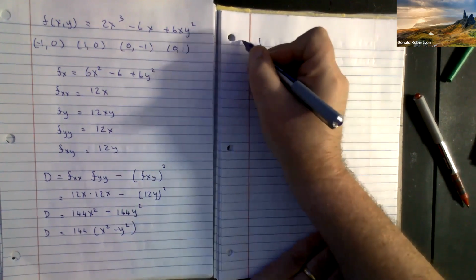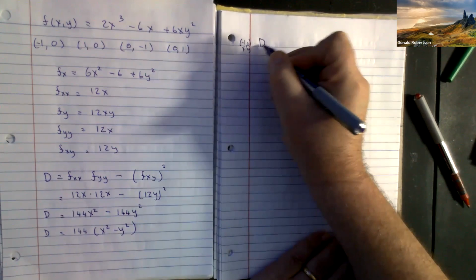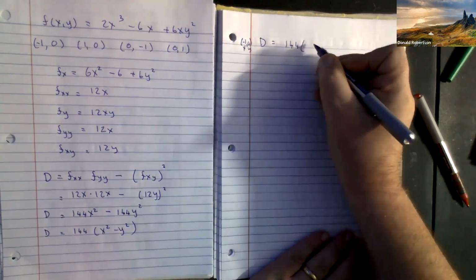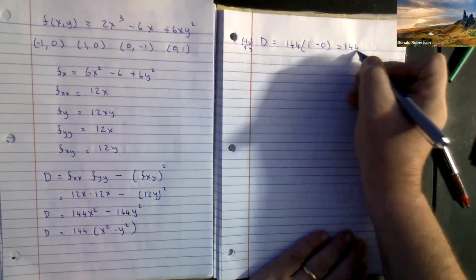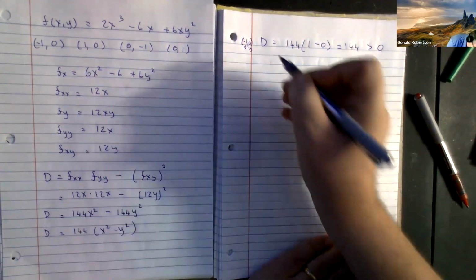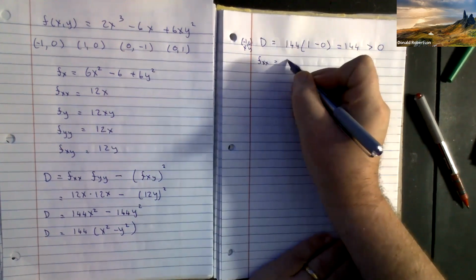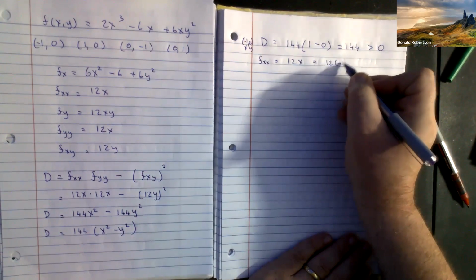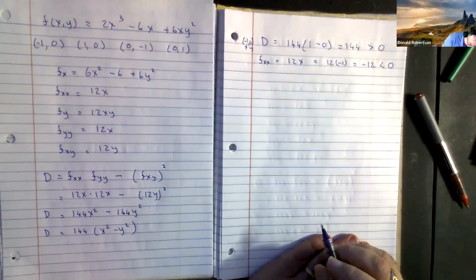Let's try our first point, -1, 0. So x and y. D is 144 times -1 squared take away 0, which is 144, and that is definitely positive. And what is f of xx? It's equal to 12 times x, and this time it's 12 times -1, which is -12, which is less than 0.